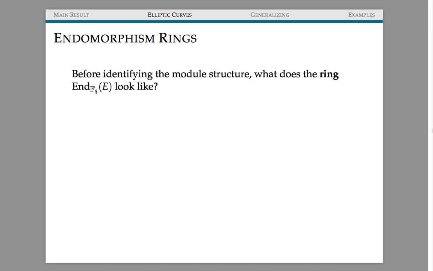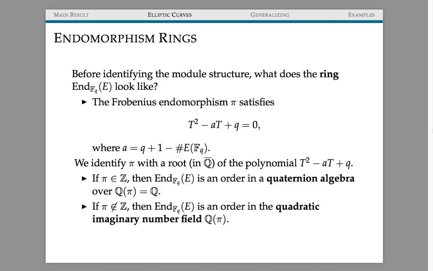Before I identify this module structure, we should think about what the ring End_Fq(E) actually looks like. So the Frobenius endomorphism, which is the really key player here for us, satisfies this nice polynomial equation with integer coefficients. And I'm going to identify pi with an algebraic integer, which is a root of this polynomial.